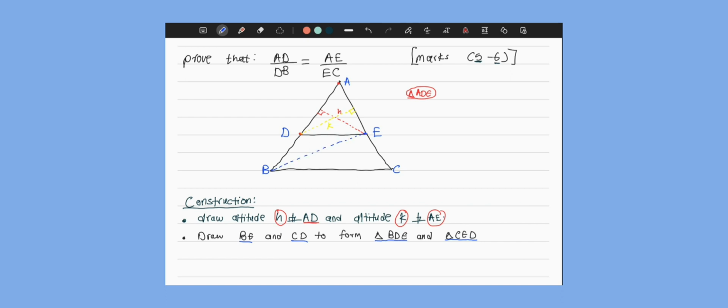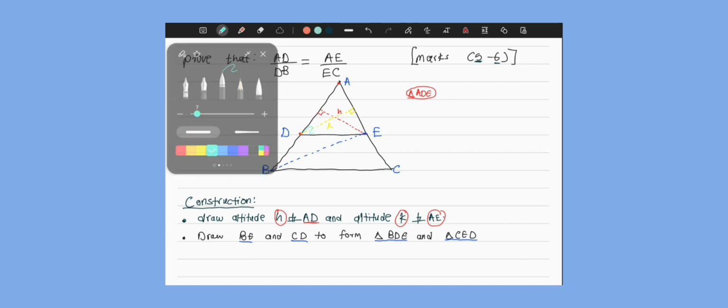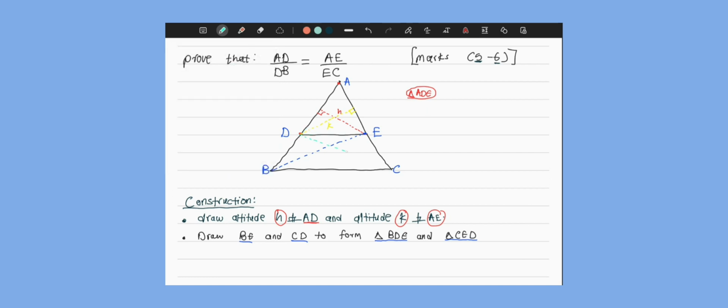Here it is, and then after that, I'm going to join this CD. I move from C to D, or D to C, so as to form the triangle.